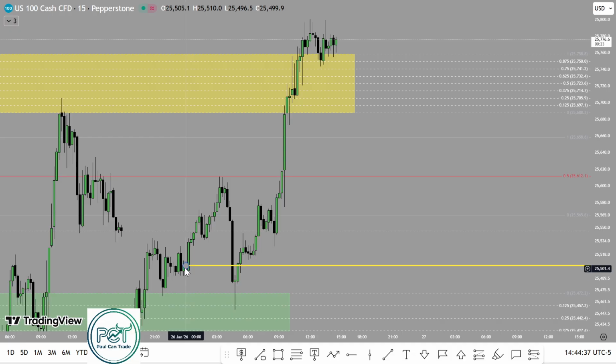So you can see we opened there, initially traded high, fell short of the midpoint of that week that we saw on the daily chart. And you can see how it was used here as well.